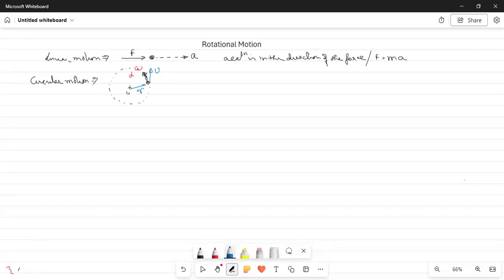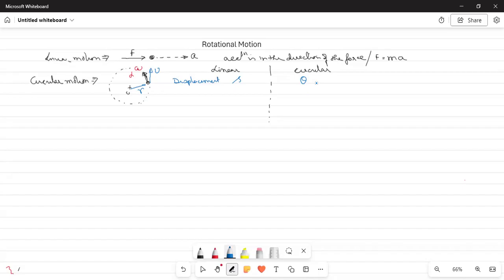Here we have seen some relations like, if we want to put the relations in linear motion and circular motion side by side: in linear motion the displacement is S, whereas a circular displacement is designated by the angle theta.